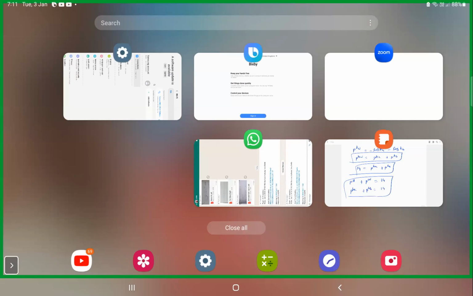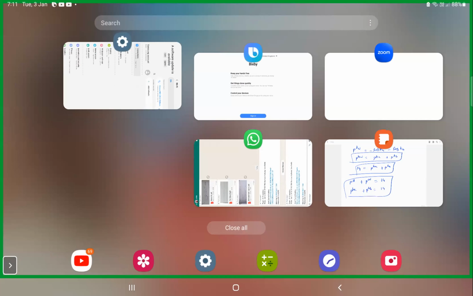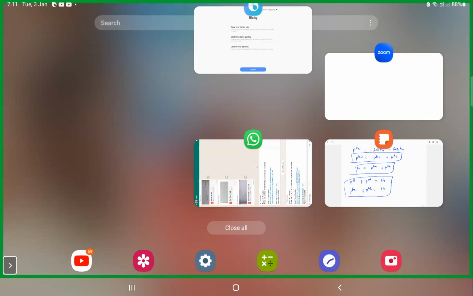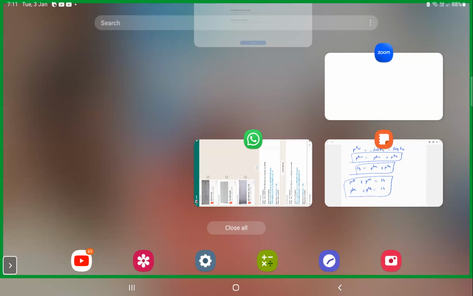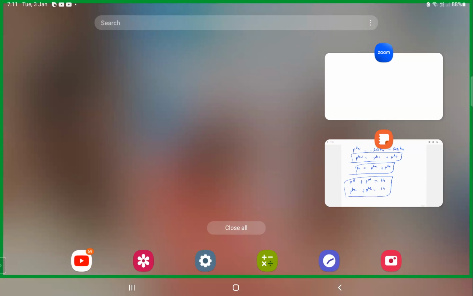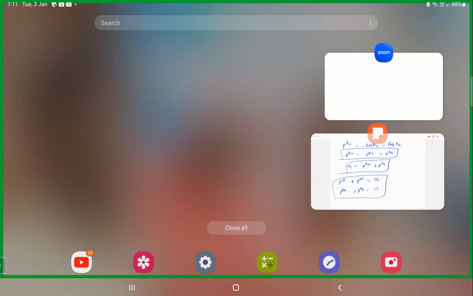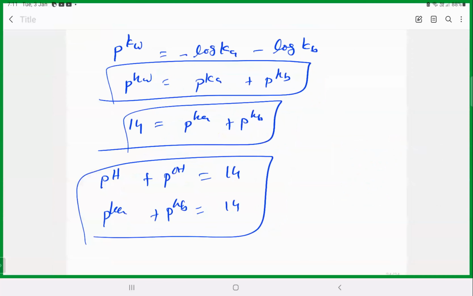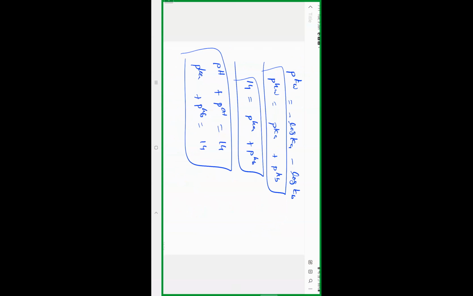So, yesterday we discussed the pKa and pKb, conjugate acid-base, everything we discussed. Today, we are going to see the relationship between pKa and pKb.